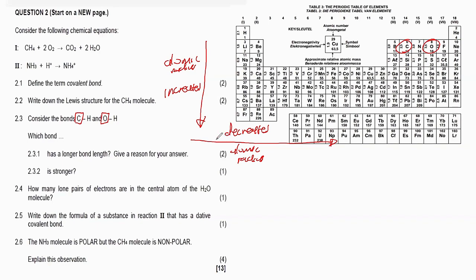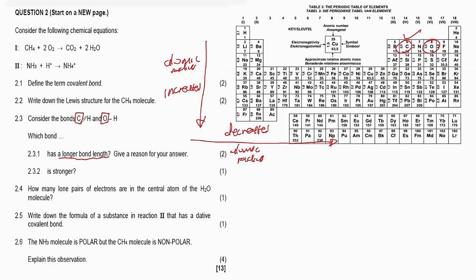If the atomic radius decreases as we move across the periodic table, that means we are expecting the atomic radius of the oxygen to be smaller than the atomic radius of the carbon. Now, obviously, the one with a larger atomic radius is the one that will produce a longer bond length. So looking at that, it obviously has to be our carbon.